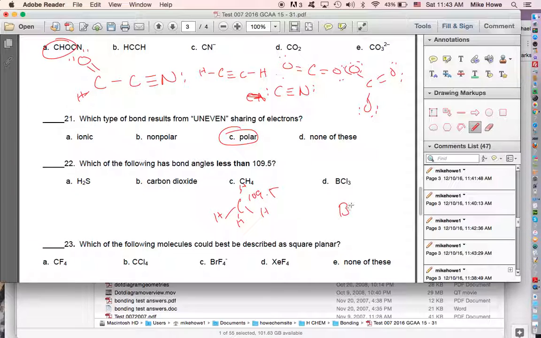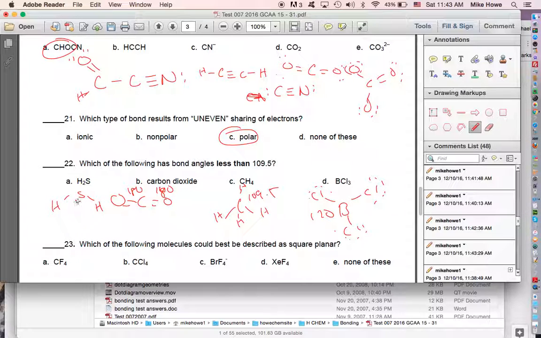BCl3 looks like this. 120. Carbon dioxide, once again, 180. So H2S is our answer.